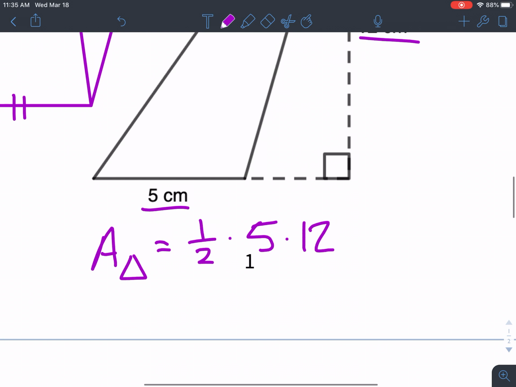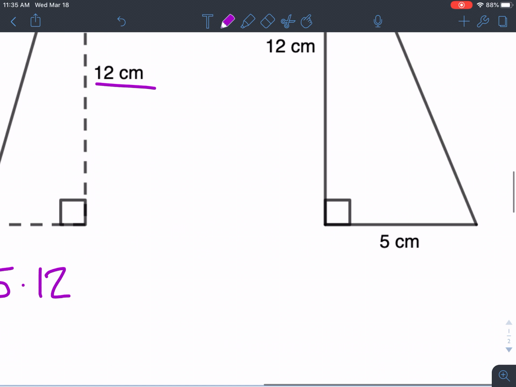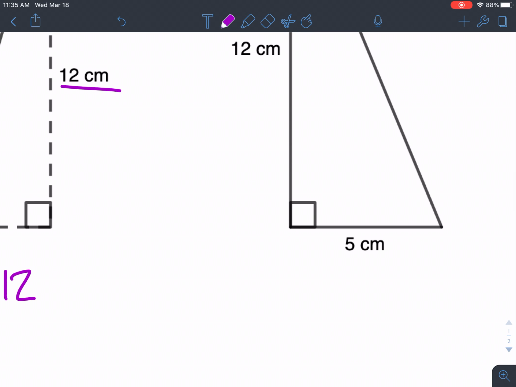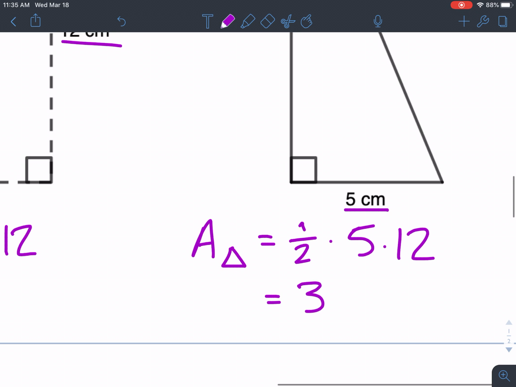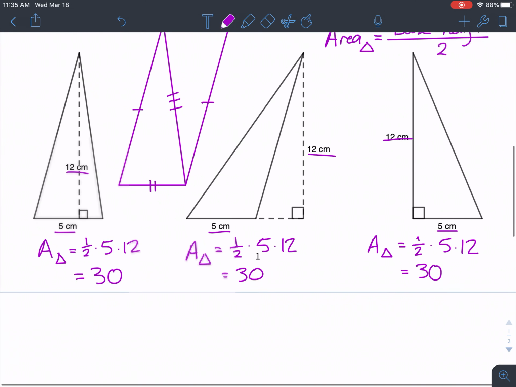Same formula. Still equal to 30. And over on the right, the area of our triangle with the base of 5 and a height of 12 is 1/2 base times height. And as always, 1/2 times 5 times 12 is equal to 30.